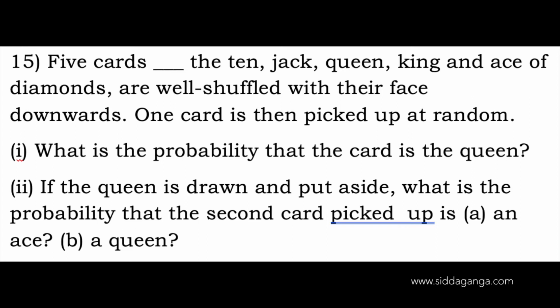One card is then picked up at random. First question, what is the probability that the card is the Queen? Second one, if the Queen is drawn and put aside, what is the probability that the second card picked up is (A) an Ace, (B) a Queen?